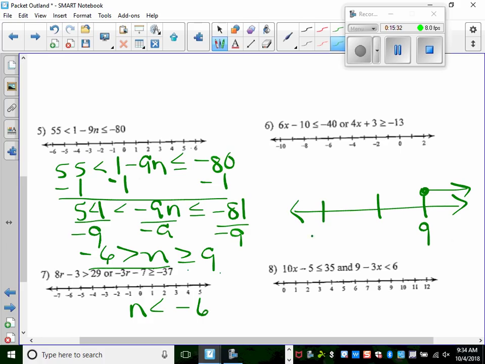So if this is -6, this is going in this direction, okay? Since this is an and statement, they are not overlapping, so you write no solution, okay? They're not going to meet at all.